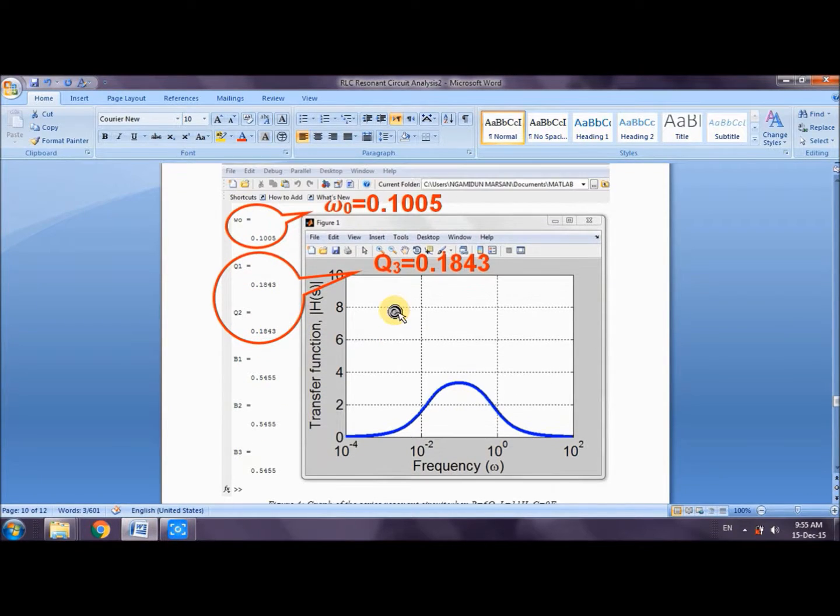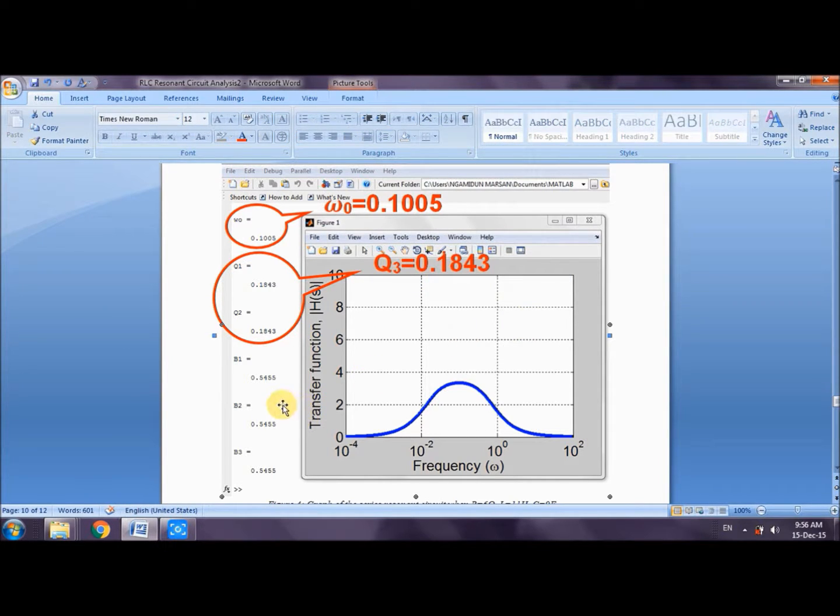As you can see, this is the third graph that we obtained. The left one is the calculation provided from MATLAB, where the resonant frequency is 0.1005, the third quality factor they got is 0.1843, and the bandwidth they got is 0.5454.